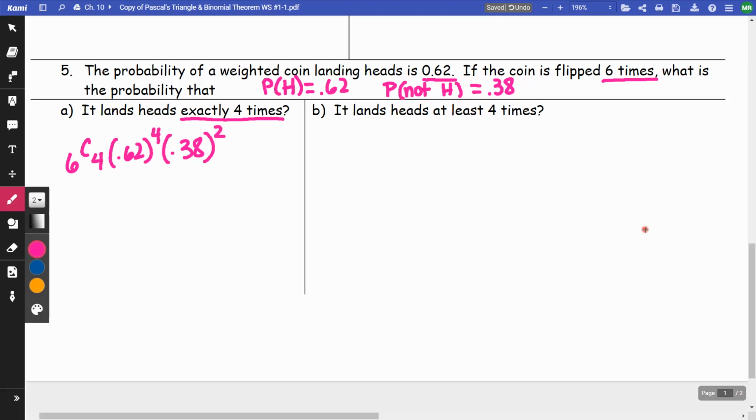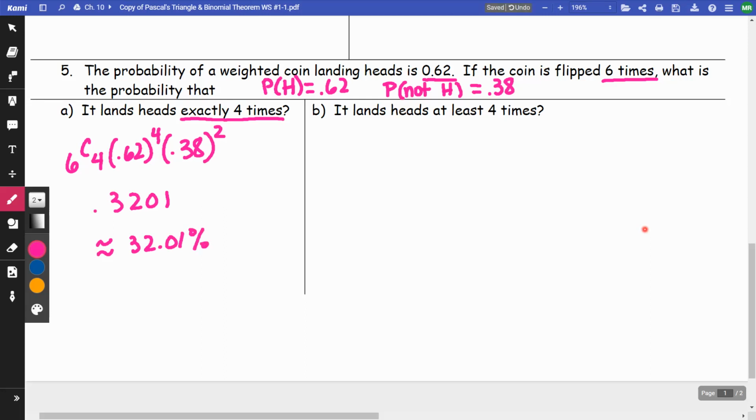I'm going to put this into my calculator: 6 choose 4 times 0.62 to the 4th times 0.38 to the 2nd. I end up with 0.3201 if I round up, so about 32.01%, but you can leave it as the decimal.